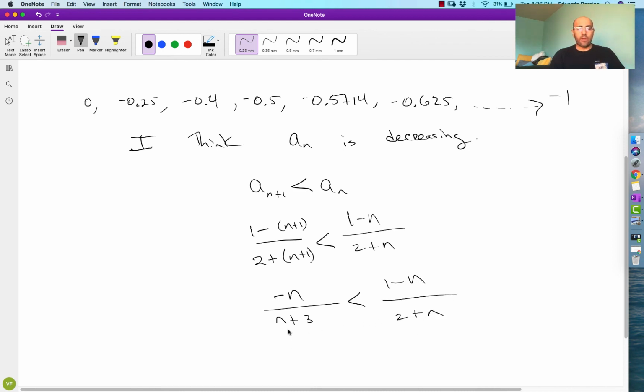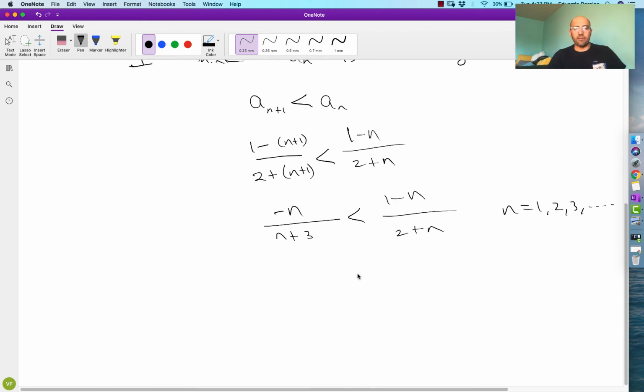Good. Now remember, n is equal to 1 or 2 or 3, and so on. So not a 0 in the denominators. The smallest this could possibly be is a 4, and then a 5, and a 6. And same with over here, it's never going to be 0, and it's also never going to be a negative in the denominator. And this is always going to be a negative in the numerator, so we have a negative.